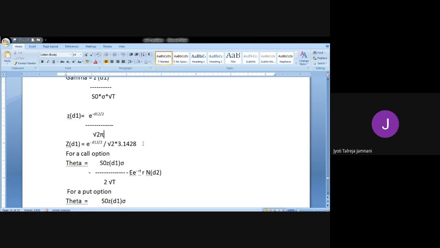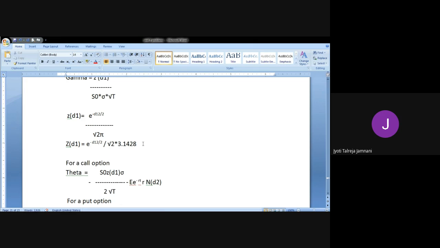Let's solve this part now. Z(d1) is equal to, we know the d1 value, we have to take that directly here. 0.375 is d1. So 0.375 square divided by 2.